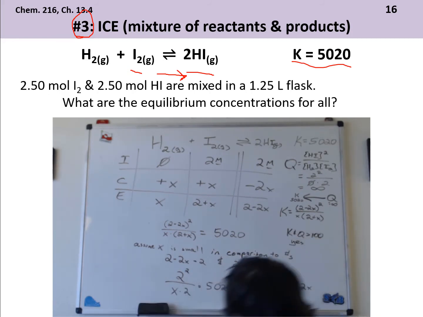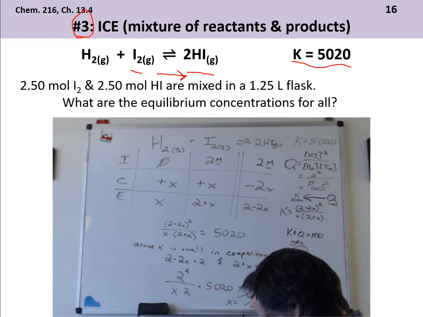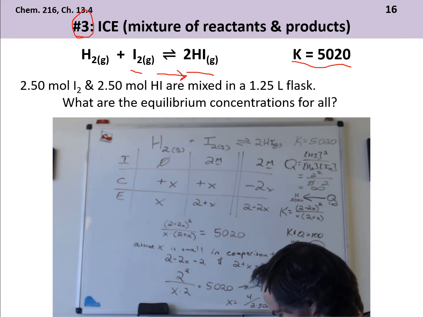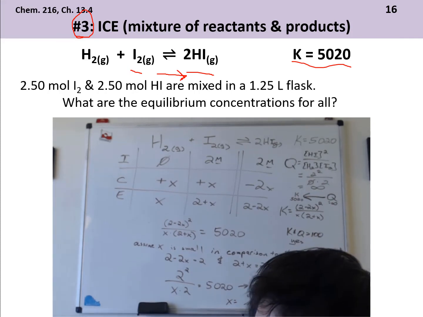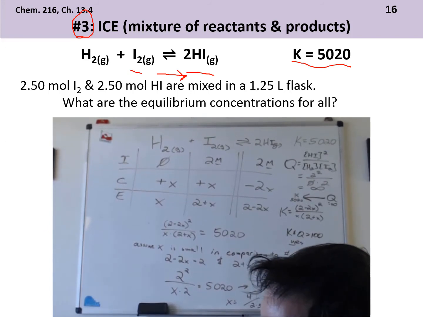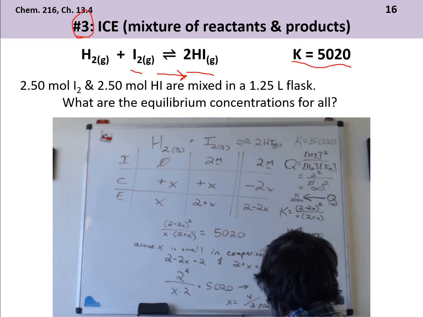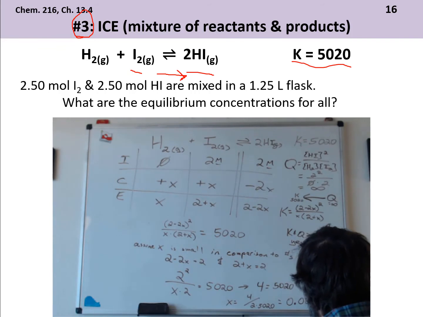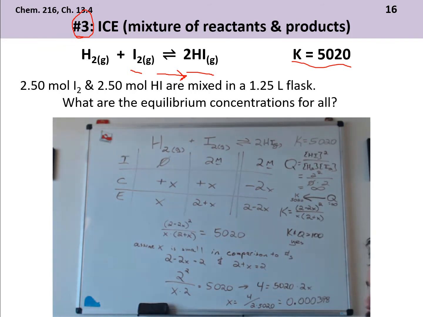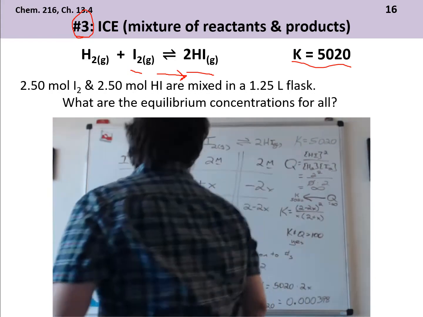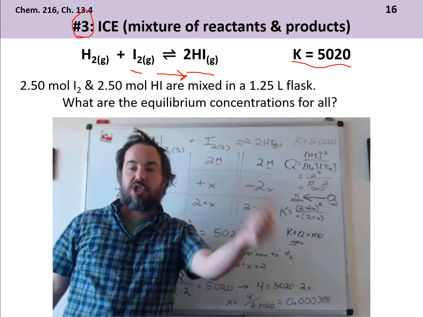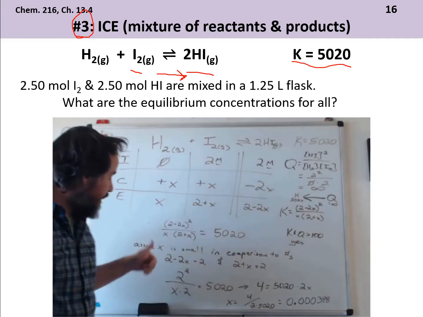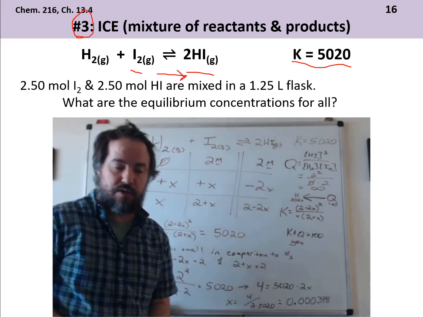That's going to get me a small number, 0.00039. Okay, all right, so now I can go ahead and put it back in. Now remember, at the end, we're going to check our work with finding x or K, but we're also going to check these two assumptions.